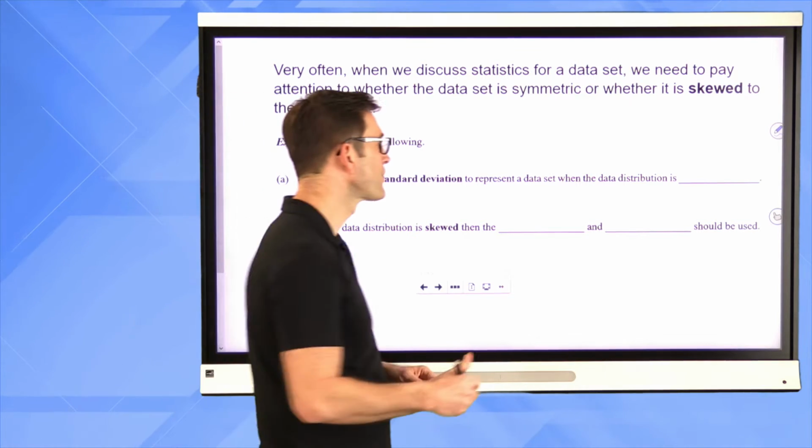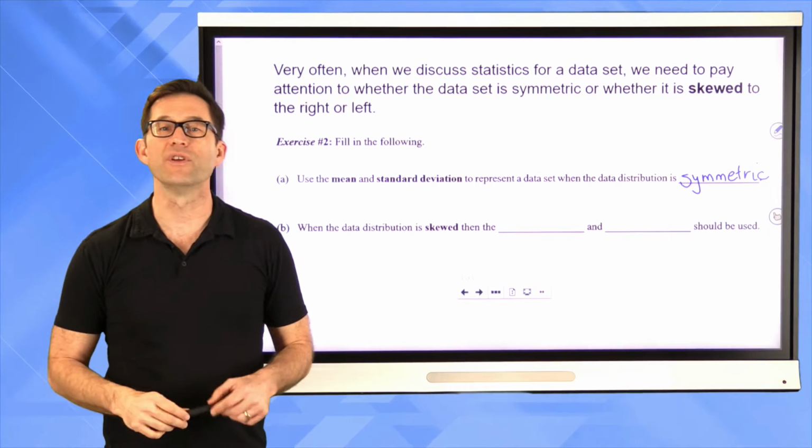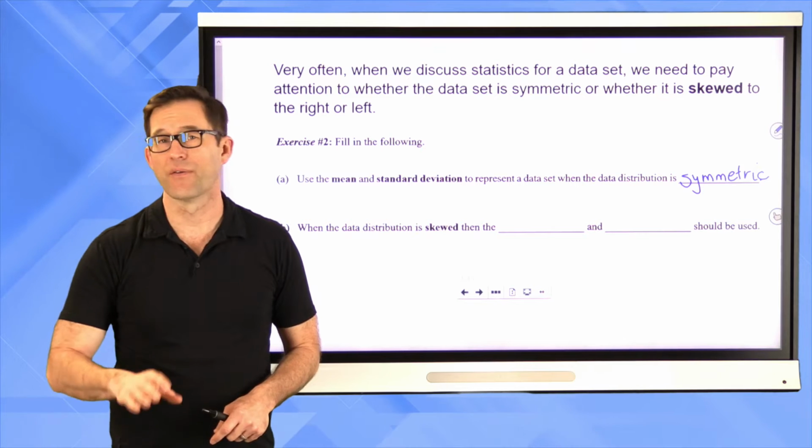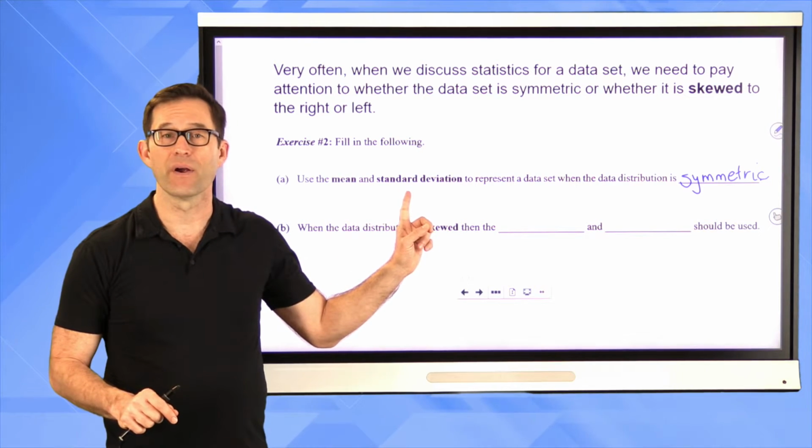All right? So statisticians would always prefer to use the mean and the standard deviation. They're the gold standard of the central tendency and of the variation.